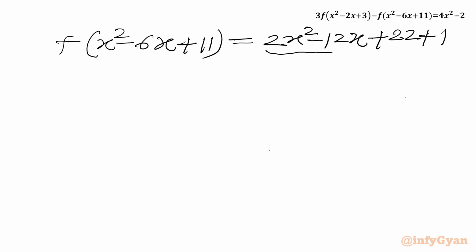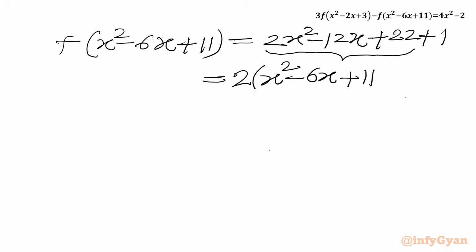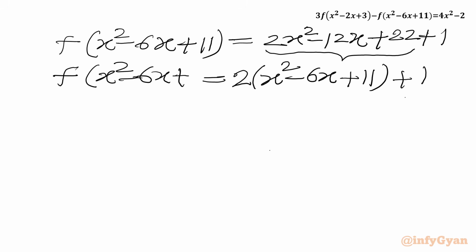Now we can take 2 common from these three terms. So 2 is common. In the bracket there would be x² − 6x + 11 + 1. And in the LHS we have f of (x² − 6x + 11). Now we will swap our variable x² − 6x + 11.